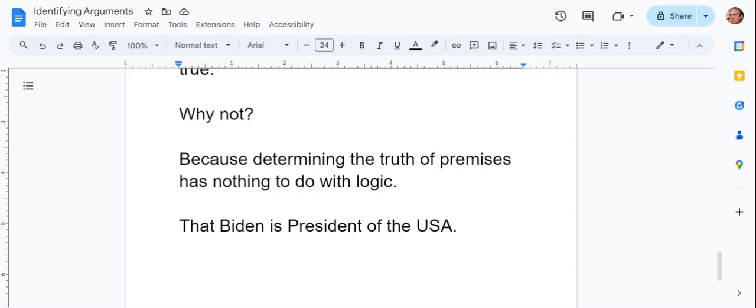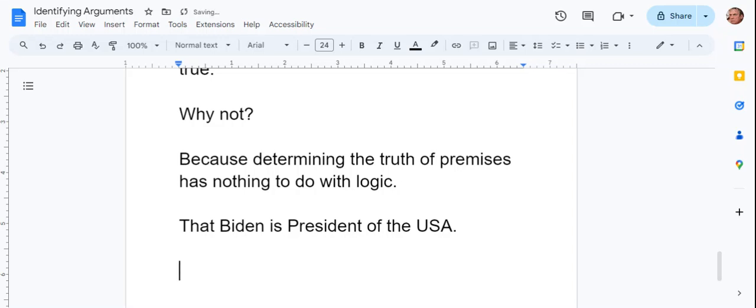That I'm sure is a true statement. But it has nothing to do with logic. Right? It's an empirical statement. It's an observation about the world. Statements can be true or false, but how we determine whether they're true or false has nothing to do, in themselves, like bare statements, with logic.